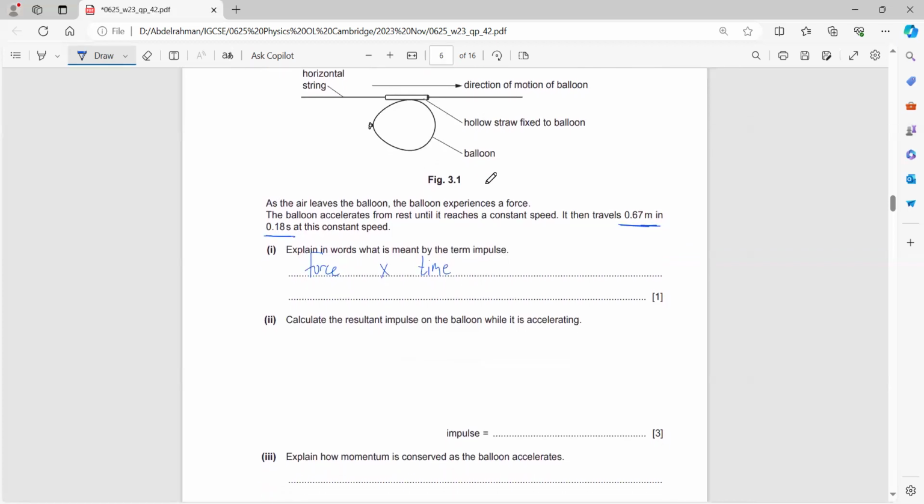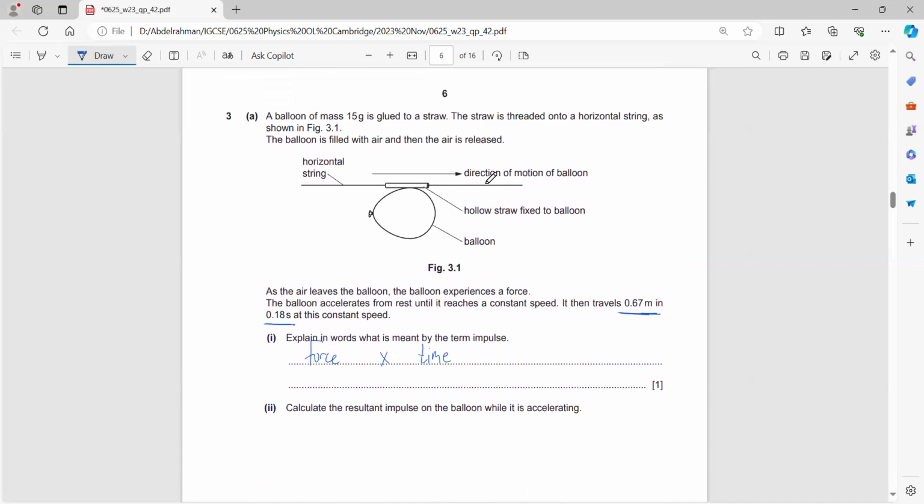You can use it, but do you have the V and the U? No, we don't. What should I do? We can find the force using the mass of the balloon, or you can find the V using the distance and the time.